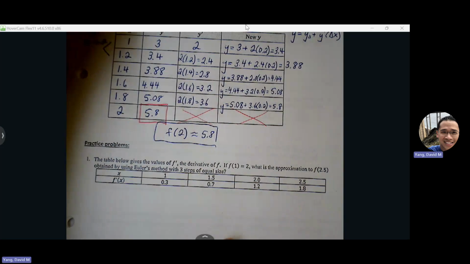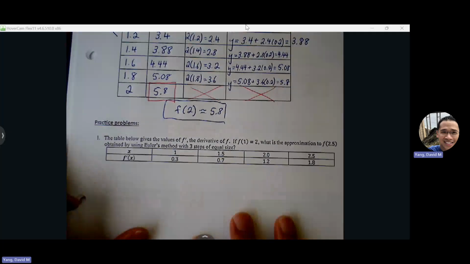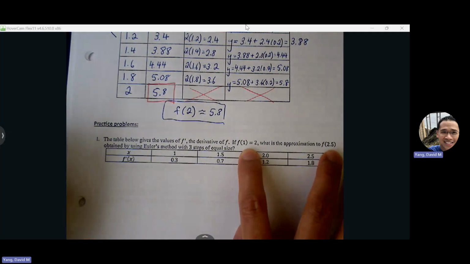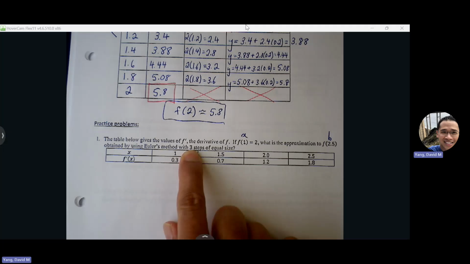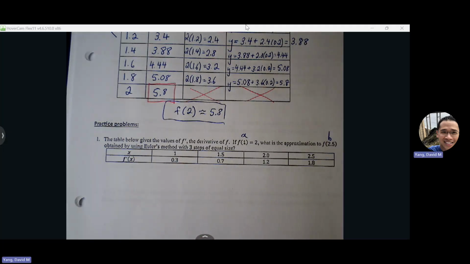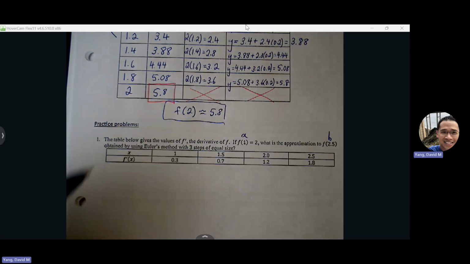All right, so first thing we do is go through and get our width, our delta x. Our a value is 1, our b value is 2.5, so b minus a over n. My n value is 3. So you're always going to be told your starting x value, your ending x value, and the number of steps that you're going to take.